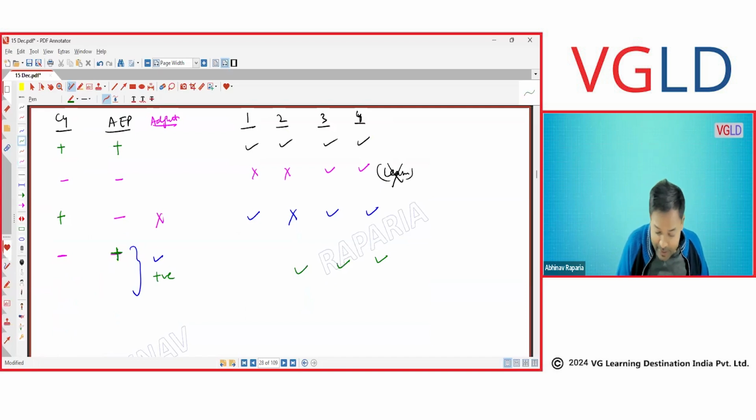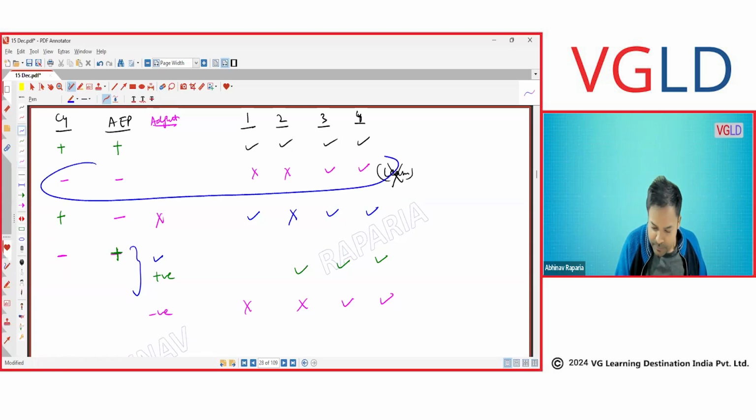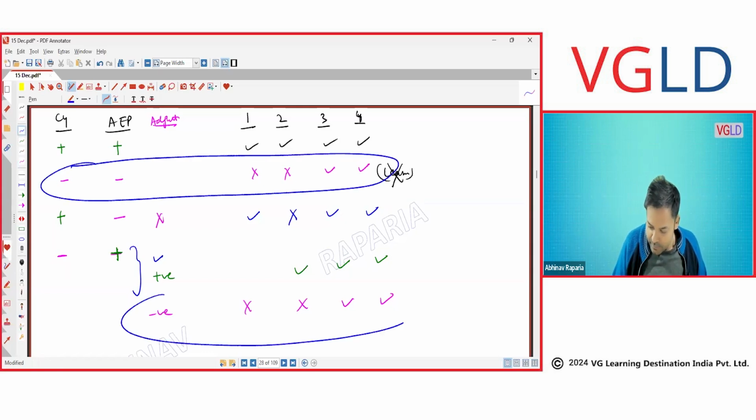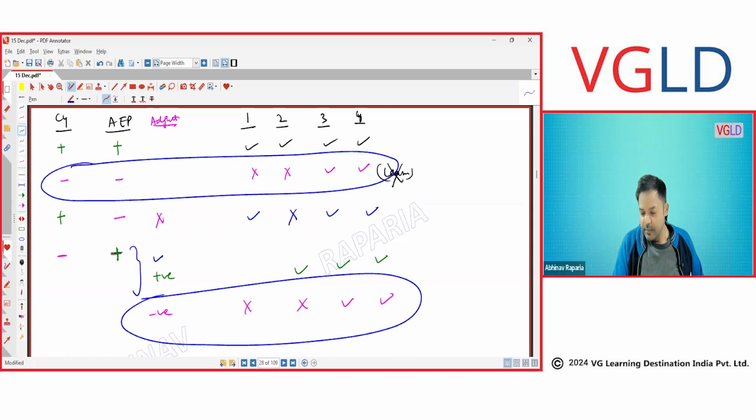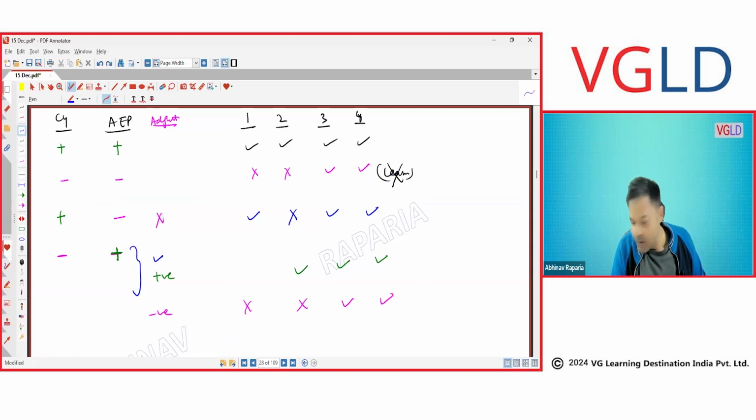But if it is coming negative, everyone, then I'm saying 3 and 4. Is this okay or not? If it is coming negative, it's very similar to this, isn't it? Obviously, when both of them are negative, it would be the same scenario we have done. You want to take a screenshot, please do.